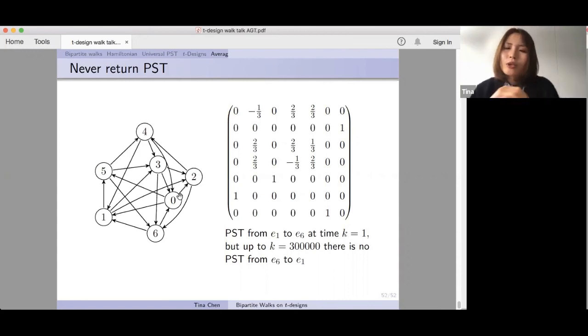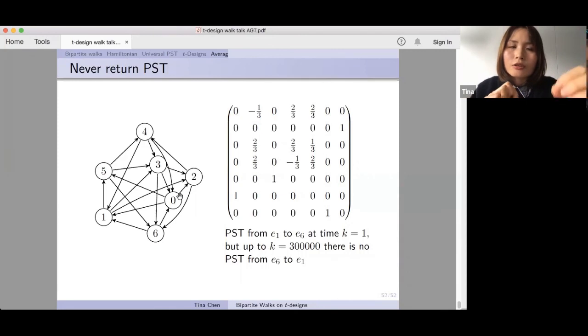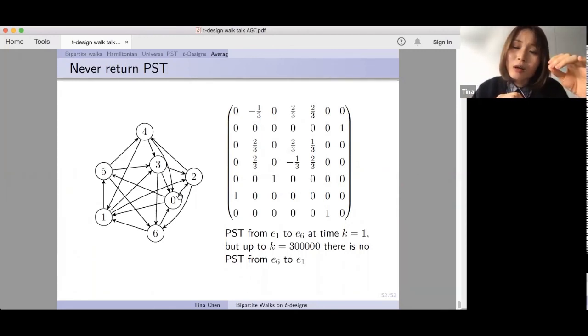I mean, because we know that if in the bipartite graph one of the vertices has degree 1 or 2, then we are guaranteed an entry 1 in the transition matrix.